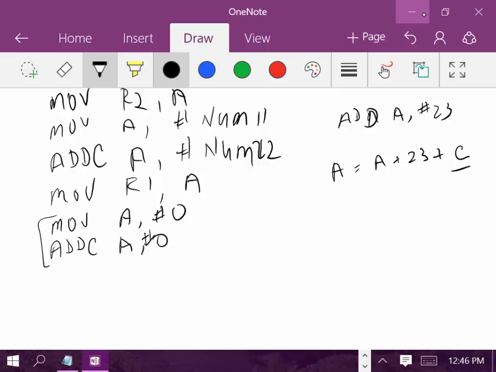So when I add 0 to 0 with a carry, if there was a carry after this addition, that 1 will now be in A. So then I would move it to R0 right there. So that would be our 16-bit add right there.